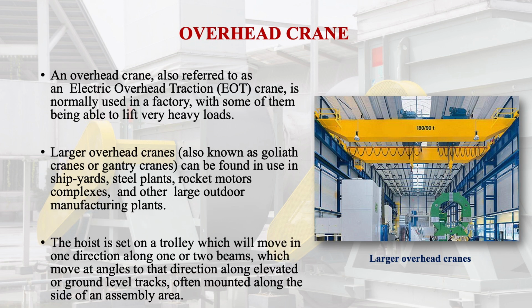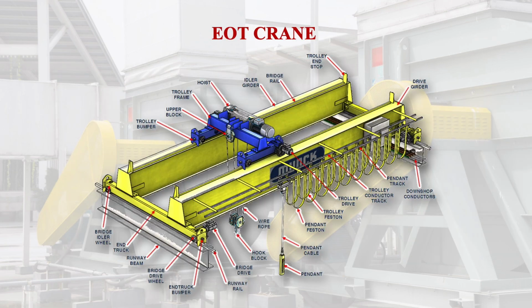The hoist is set on a trolley which will move in one direction along one or two beams which move at angles to that direction along elevated ground level tracks, often mounted along the side of an assembly area.